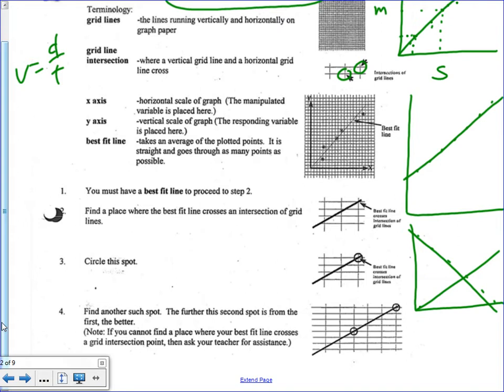Or if your line does happen to go through the origin, you can use the origin as a grid intersection. You can also, if it goes directly through one of your plotted points, use that. Most of the time, your best fit line will not directly go through one of your plotted points. So generally, you're looking for 2 points that are on your line.